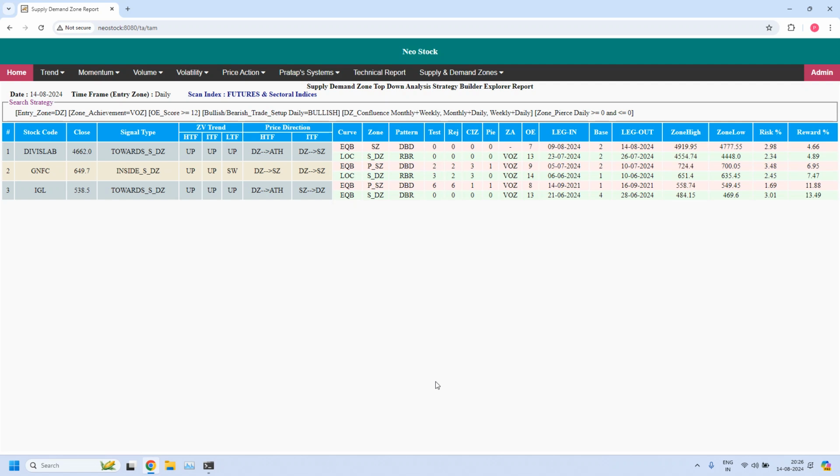That means these 3 stocks are having confluence with daily, weekly and monthly time frames. See how high liquidity zones are working with multiple testing. Okay, this is about bullish trade setup for monthly income trade.